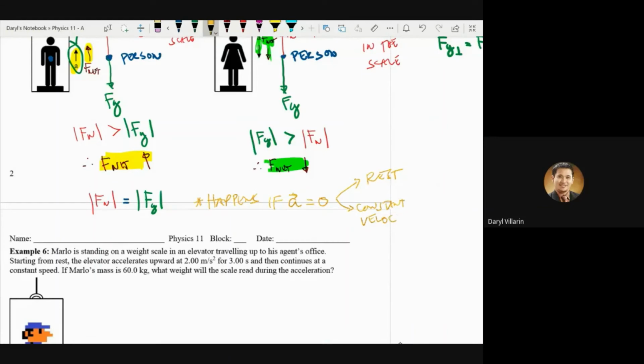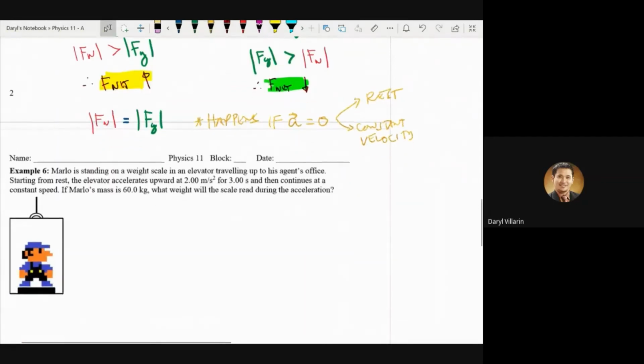So zero acceleration doesn't only constitute an object that is not moving. It can also move, but specifically moving with a constant velocity. Okay.